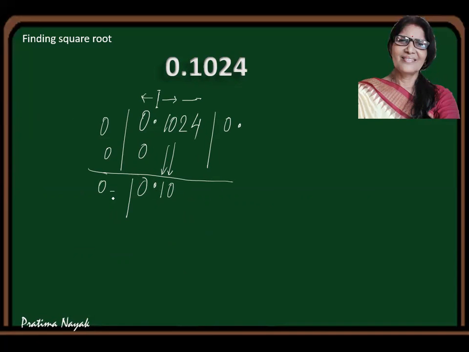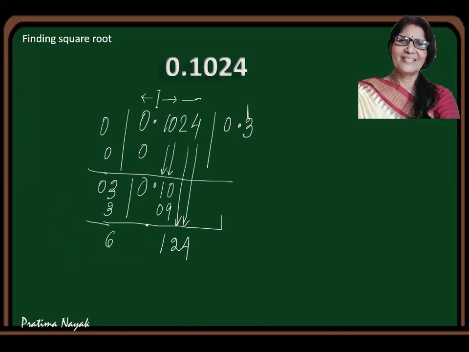Next, what should I put here? What will be multiplied to get just less than 10? Certainly it will be 3, 3 times 3 is 9. Subtract, 1. Next both 2 and 4 will come down. 124. 3 will be added to 3.